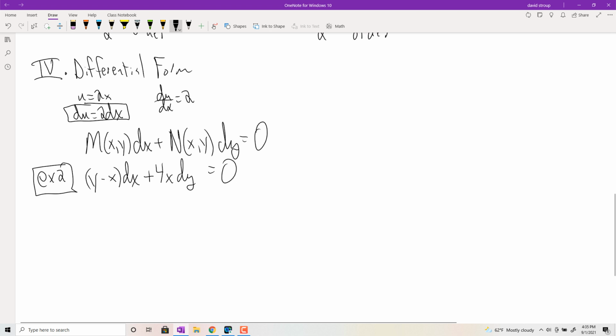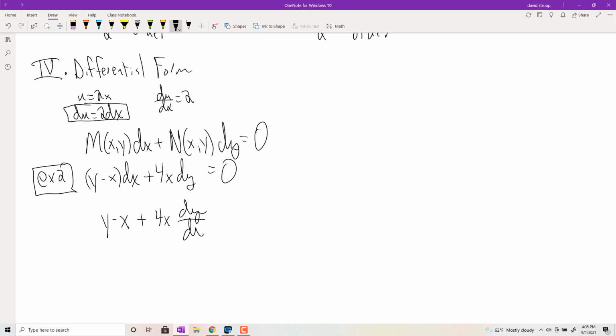So very simply, you could divide everything by dx. And you get y minus x plus 4x times dy over dx equals 0. When you have an entire differential equation equal to 0, so you have everything on one side and 0 on the other, the book is going to call that the general form. And that's one form we would like to have.